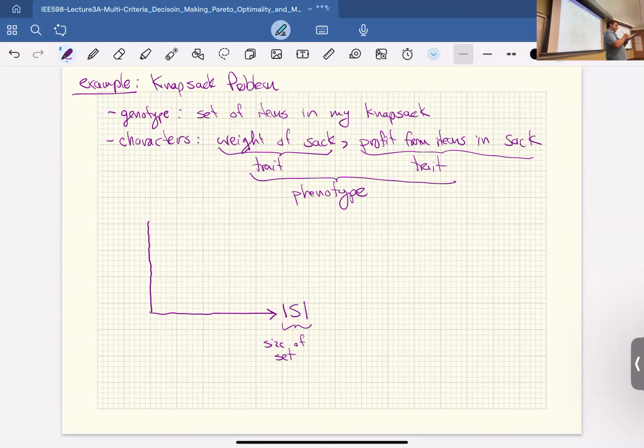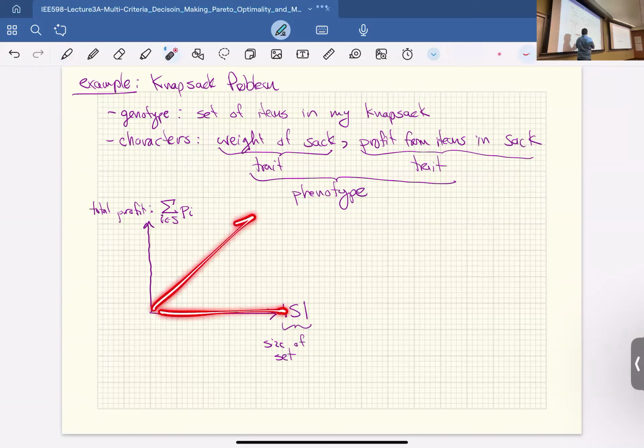And if this is my total profit, that would just be the sum over all items in my sack of p_i. Generally, as this gets larger, so does the profit. So generally speaking, we've got a trend in this direction.